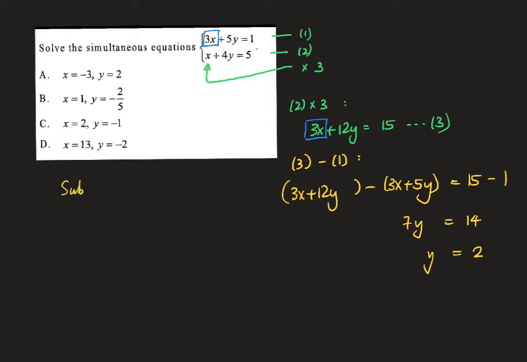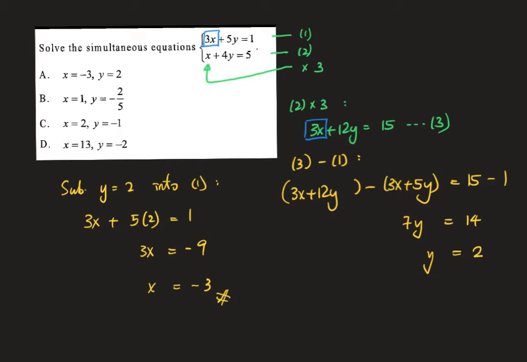We can substitute this y equals 2 into equation 1 to get the answer. So for this question, this is the easiest way to solve the simultaneous equations.